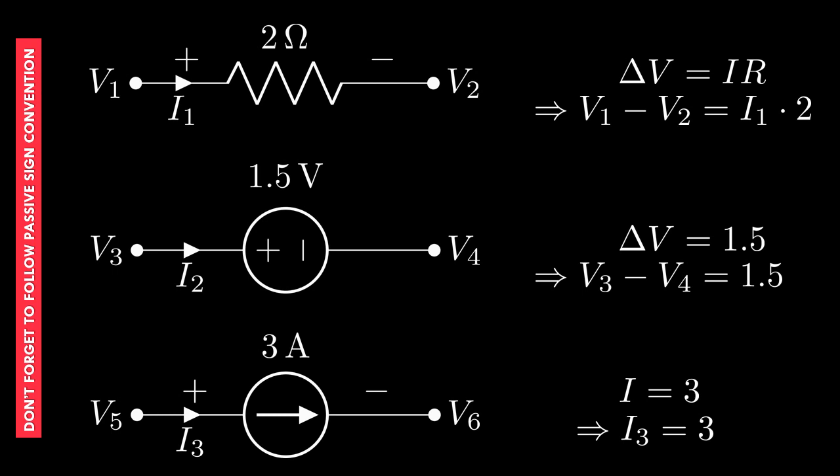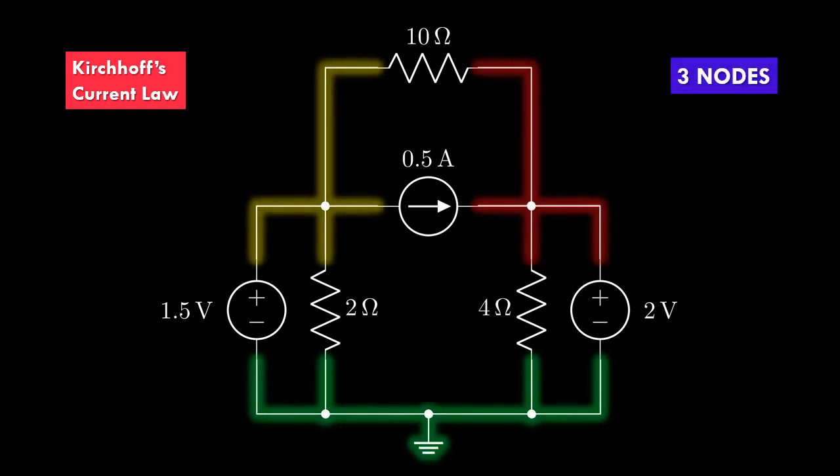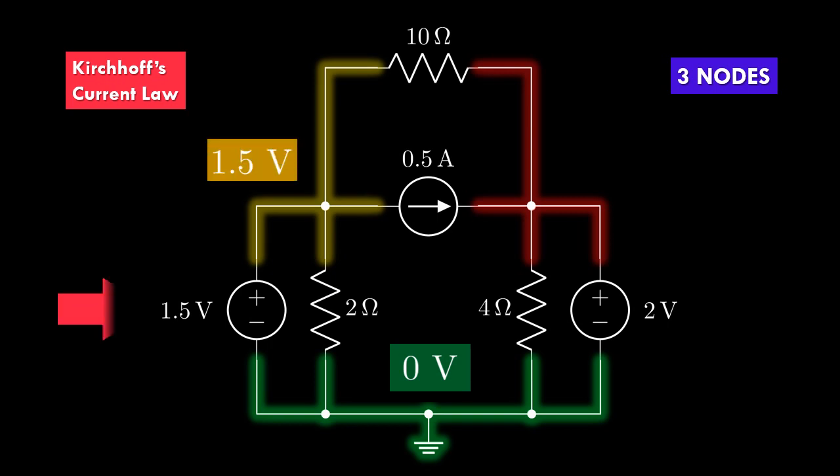Now let's see how we will apply KCL in an actual circuit. Here's a circuit very similar to the last lecture circuit. We still have the same three nodes. Since the bottom node is grounded, its voltage is 0 volt. And the node on the top left corner would have 1.5 volts because that's what that 1.5 volt voltage source is doing.